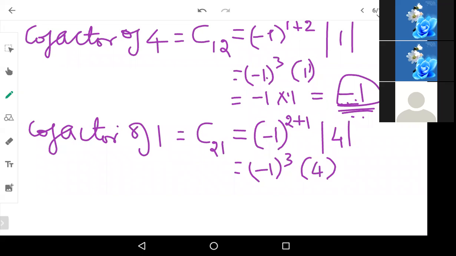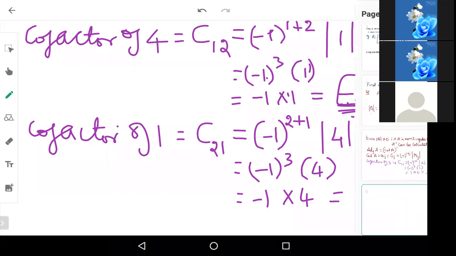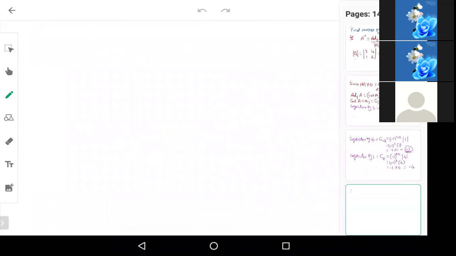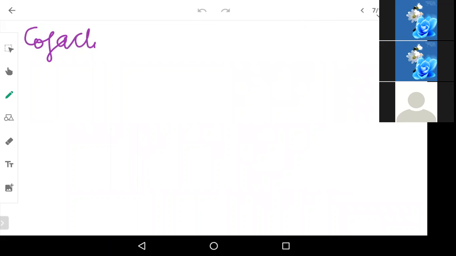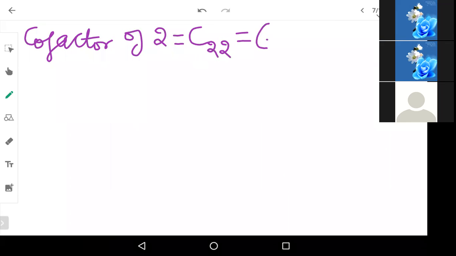Minus 1 to the power 3 is minus 1, into 4, which is minus 4. So the cofactor of 1 is minus 4. And finally, the last cofactor, that is cofactor of 2, second row, second column, is equal to minus 1 to the power 2 plus 2 into, what is the minor of 2?